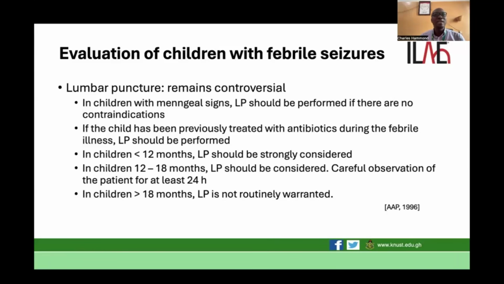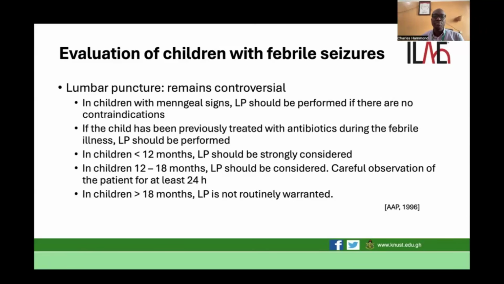They have seizures, and then they may have neurological deficits in the post-ictal period. However, if there are meningeal signs, then you need to consider lumbar puncture, that is, if contraindications have been ruled out.